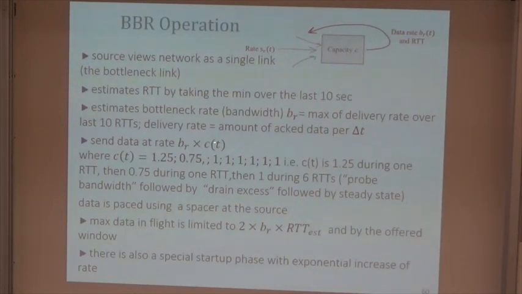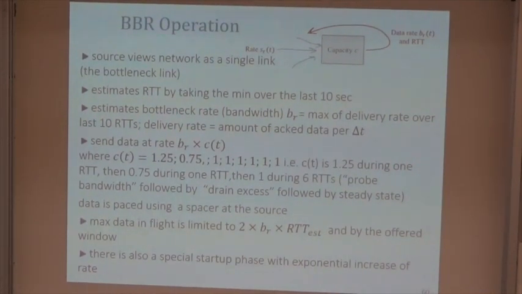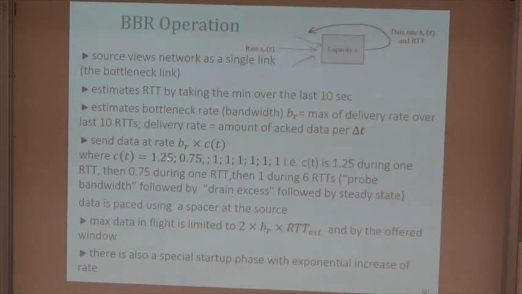And then you send data at this rate, the rate of the bottleneck. So you see how much you can, and you do how much you can. Right? With a small modulation, the modulation is this number C of t, which is essentially saying you send at this rate, C of t is 1, during a number of round-trip times, but once in a while you overshoot it and then you undershoot it.